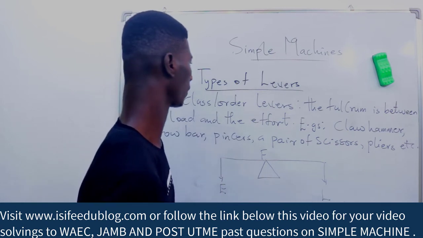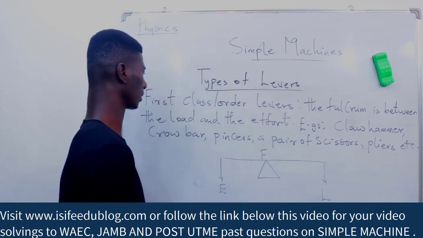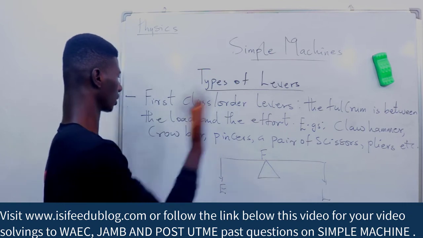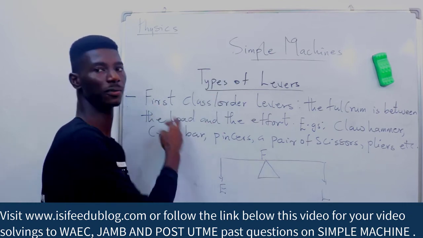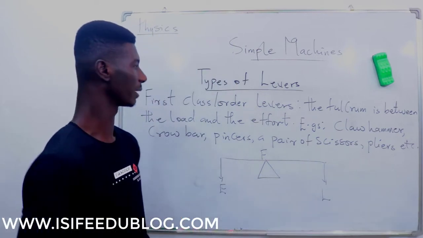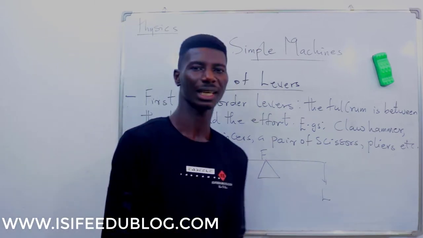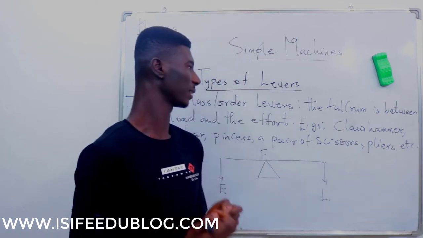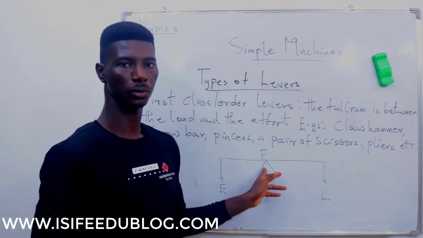So we have different types of levers, or you can say classes of levers, or orders of levers. The first one is called the first order lever, or the first class lever. How do we know that a particular lever is a first class? By the position of the fulcrum.